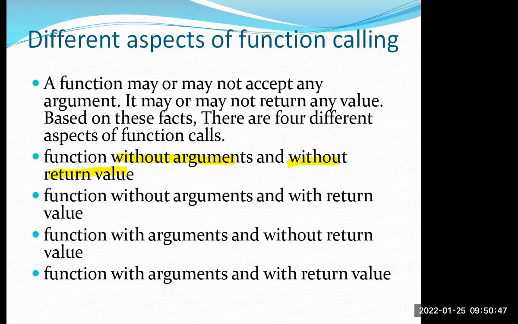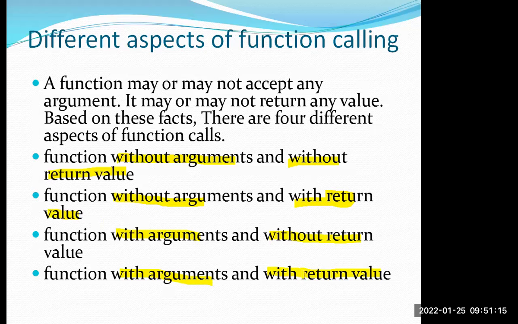The second is without argument with return value. The third is with argument without return. And the last one is with argument and with return. We'll see what is meant by with argument and without argument.